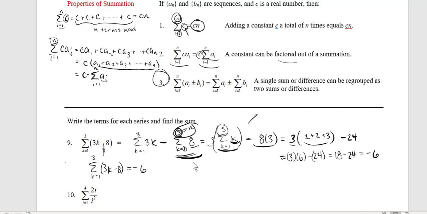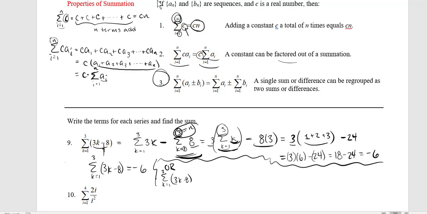Now, I just did it this way to show you how these properties are used, but you don't have to do stuff like that. You could just plug in k equals 1 into this expression. So maybe an alternate way to solve this: you could just take this sum and plug in the starting value, 1, into this.